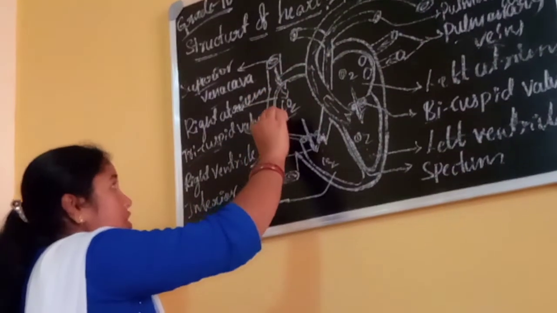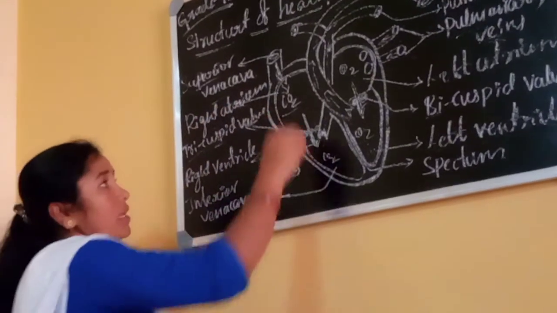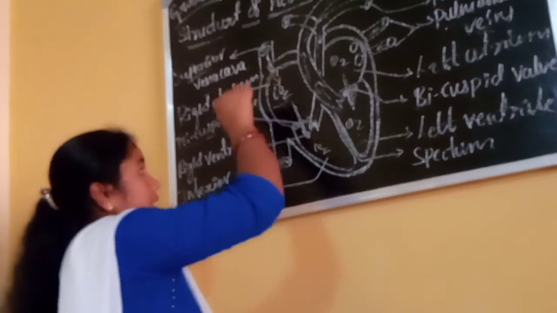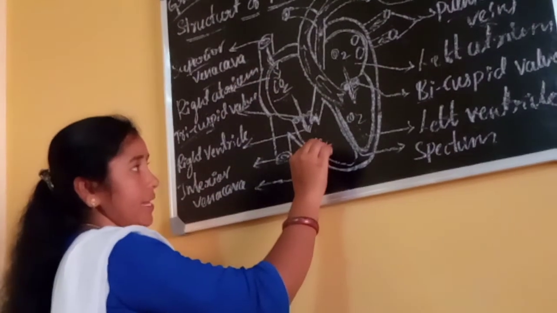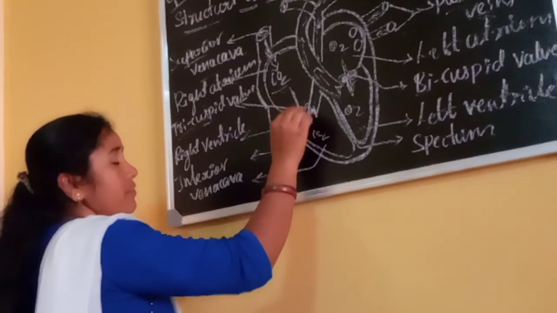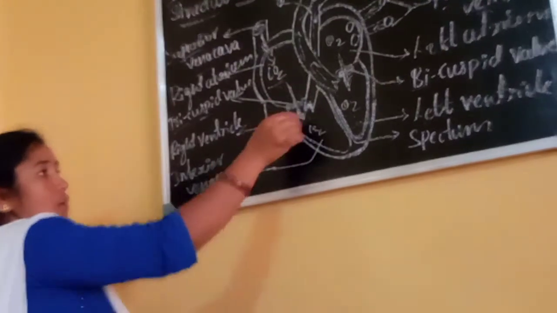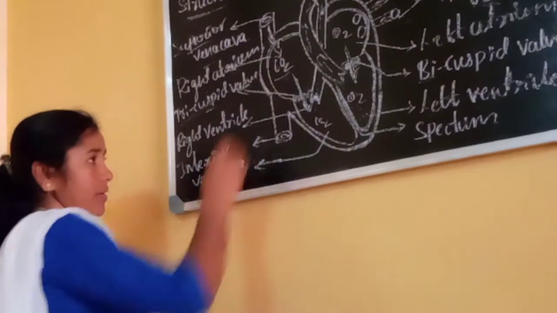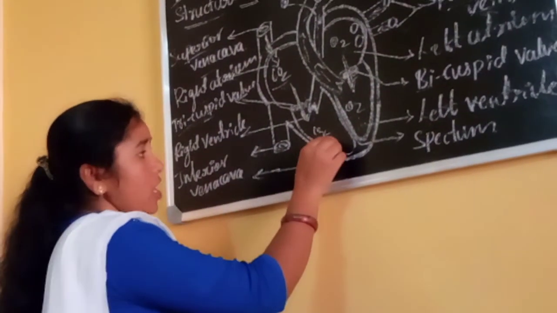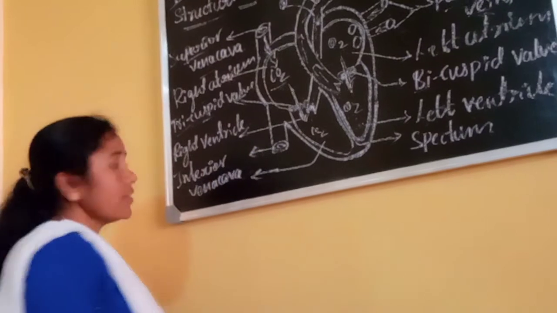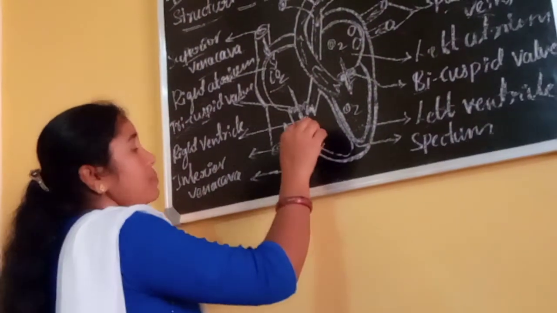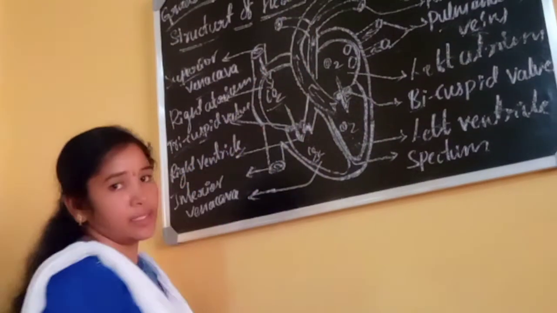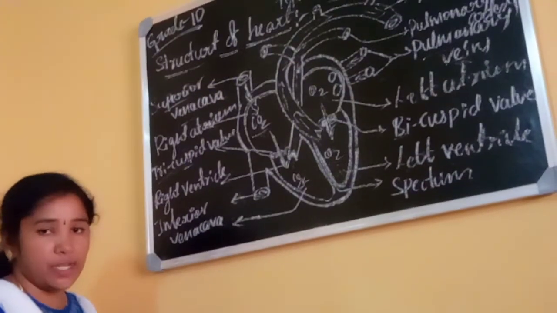After contraction of the right atrium, the deoxygenated blood flows from the right atrium to the right ventricle. Here the tricuspid valve prevents the backflow of blood from the right ventricle to the right atrium. After contraction of the right ventricle, it pumps the deoxygenated blood to the lungs for oxygenation.